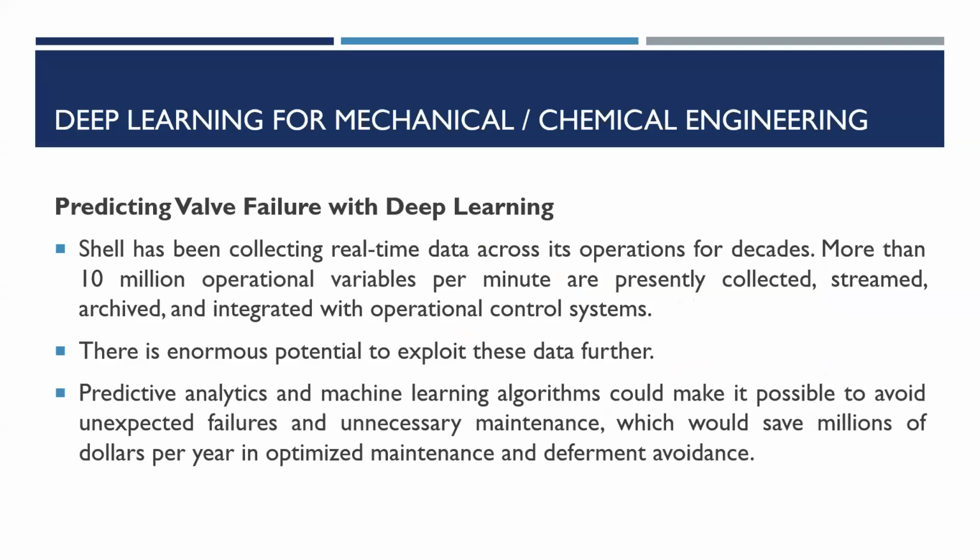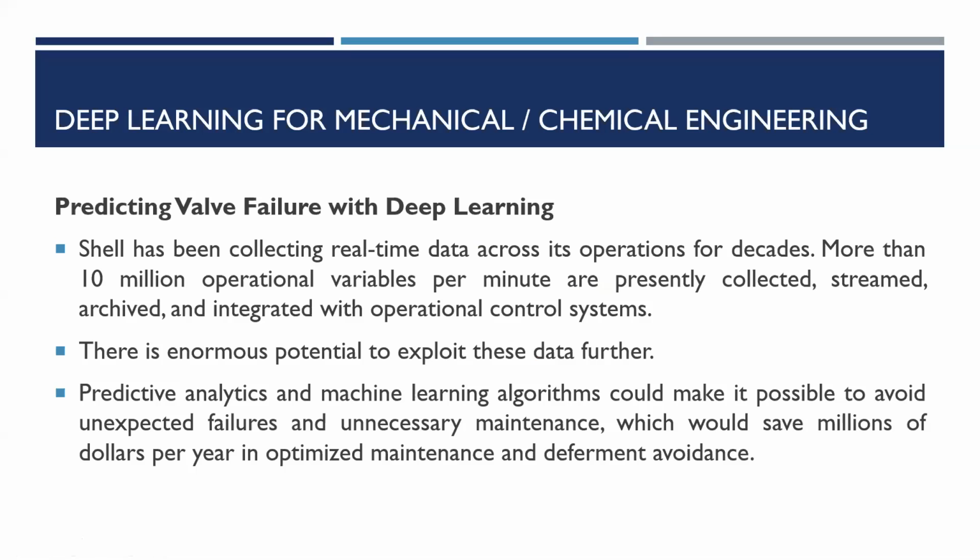I know that there are people from different branches here. For some of you, deep learning can be used for mechanical engineering or chemical engineering. You know that, for example, Shell has been collecting real-time data across its operations for decades. More than 10 million operational variables per minute are presently collected, streamed, archived, and integrated with operational control systems.